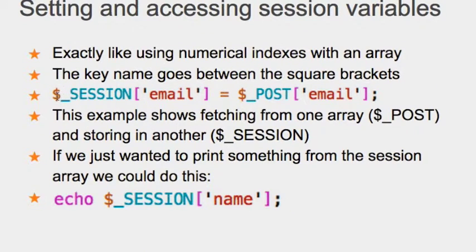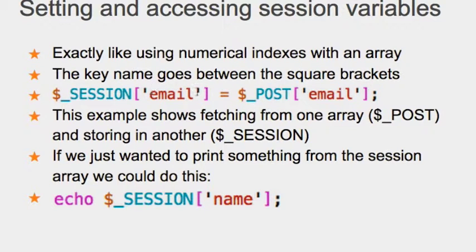Before you can check them, obviously you're going to need to set them. This is exactly the same as dealing with any other array. So before, when we've set things to be an array with numerical indexes, we've done it exactly the same way. So we've got the name of the array, we've got the square brackets, we've got the index, the key, and then we've got the closing square brackets.